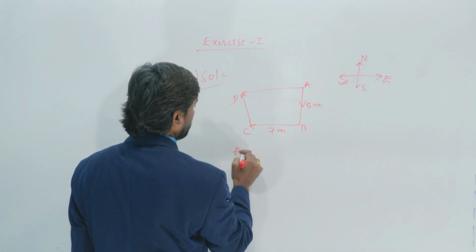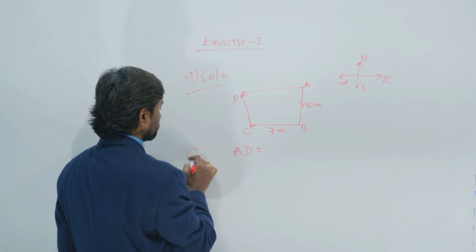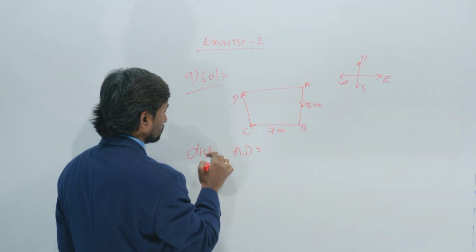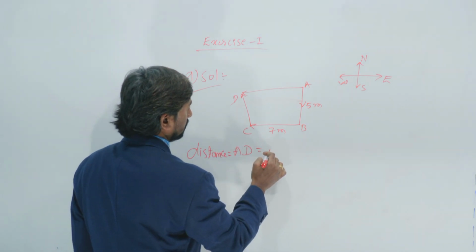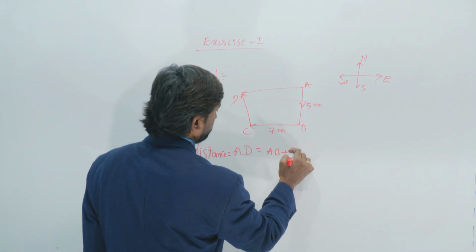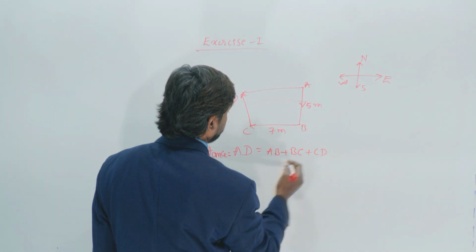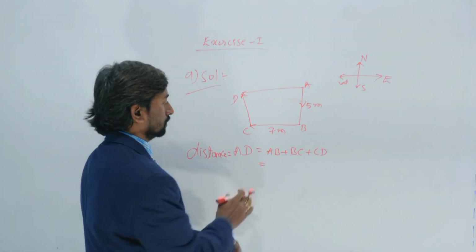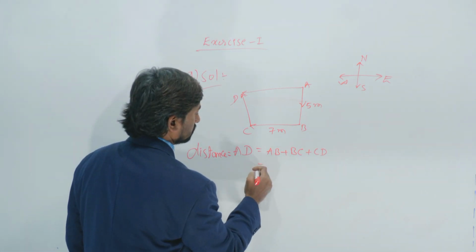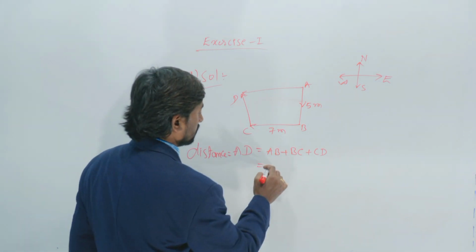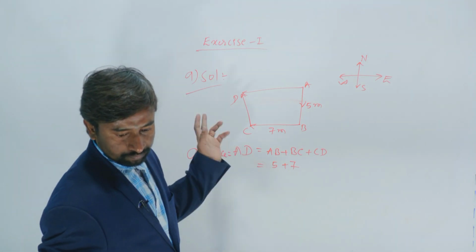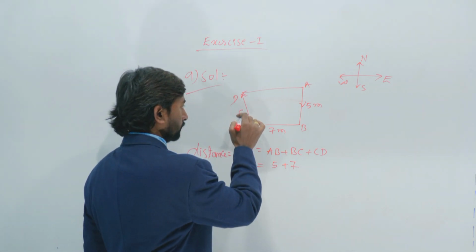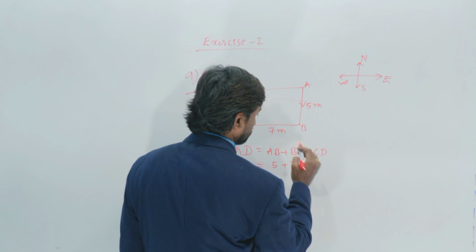So now AD can be written here. AD is nothing but distance. Distance AD is equal to AB plus BC plus CD. That is the distance now. So AB is 5, BC is 7 and they have given 8 meters vertically upward, so we can write 8.